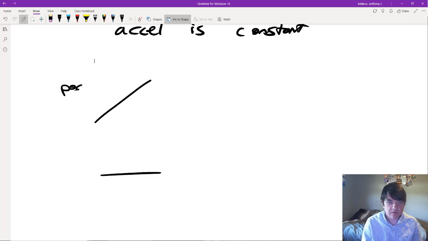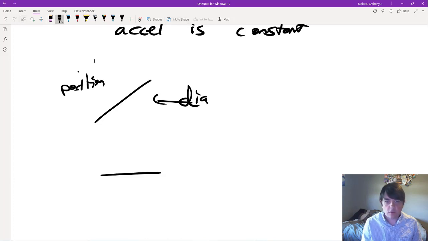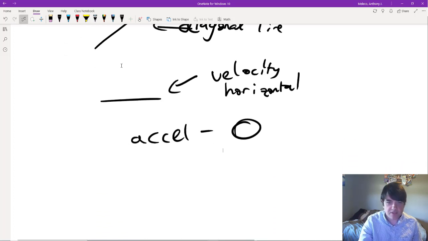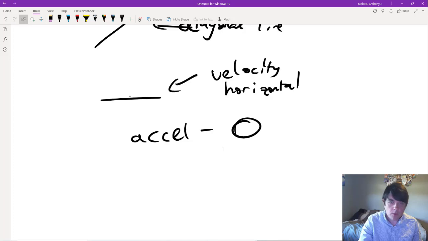So position will be a diagonal line, so velocity will be horizontal. And then if this is horizontal, accel in this case would be 0, because the slope of this line is 0.